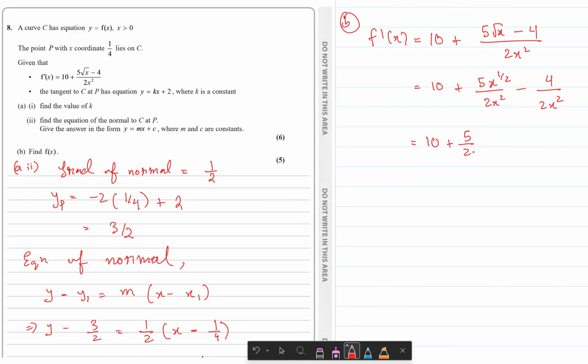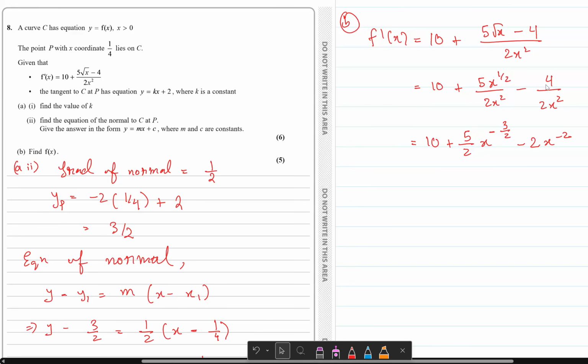So it is 5 over 2 x to the power negative 3 over 2 minus 2x to the power minus 2. Right, guys? I have basically written all the variables in index form, because that will just make it easier for me to differentiate it.